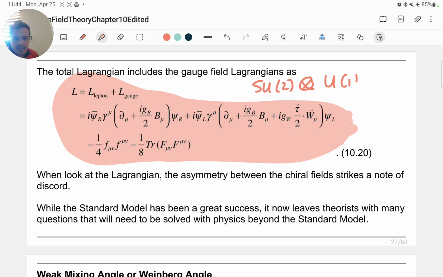But that is beyond the standard model. It could be answered by supersymmetry or string theory, or higher dimensions, or even the GUT theory, or grand unification theory.